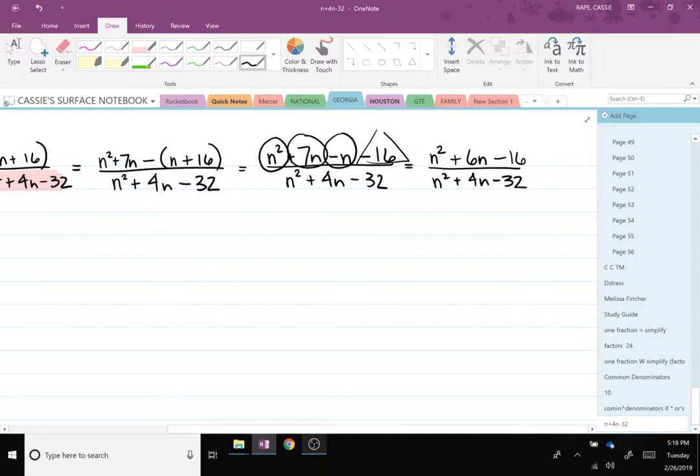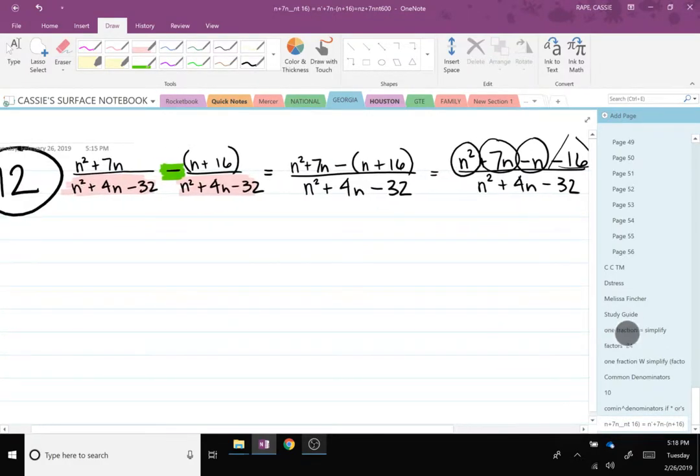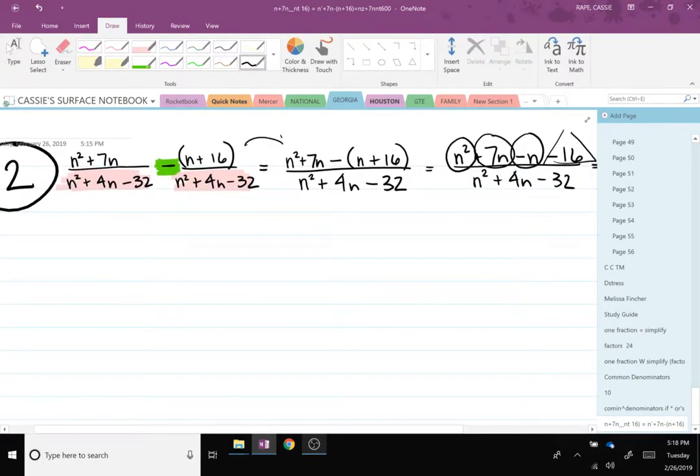Okay? You'll notice I kept rewriting it. It's no big deal. Rewrite it. Sometimes people forget to rewrite it and they leave it behind, which means it gets forgotten, which means their answer is incorrect. So keep writing. You'll notice that when I do my math, from step to step, and this is a key to algebra, from one step to the next, it is always still true and still equal.